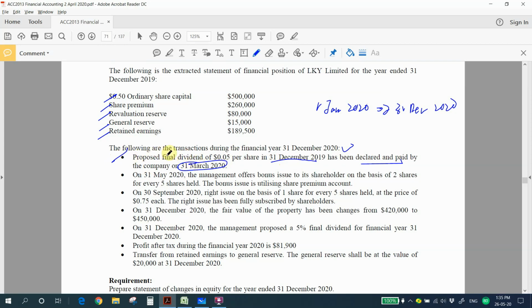The proposed dividend is for 2019, and this is only paid in 2020. So this dividend we shall recognize in the 2020 transactions. But how do we determine the total dividend we pay? For this proposed final dividend, we base it on 5 cents per share. So we have to determine how many shares are in this company. So this is adjustment one.